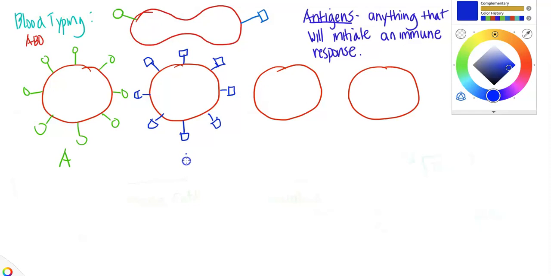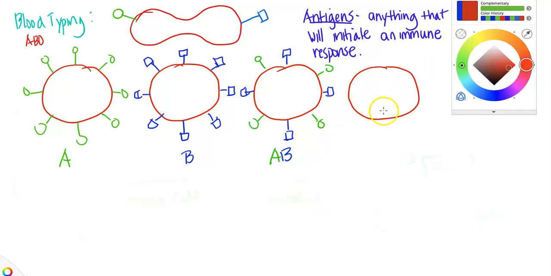So this one is B. This cell here has both, so this cell is going to be AB.